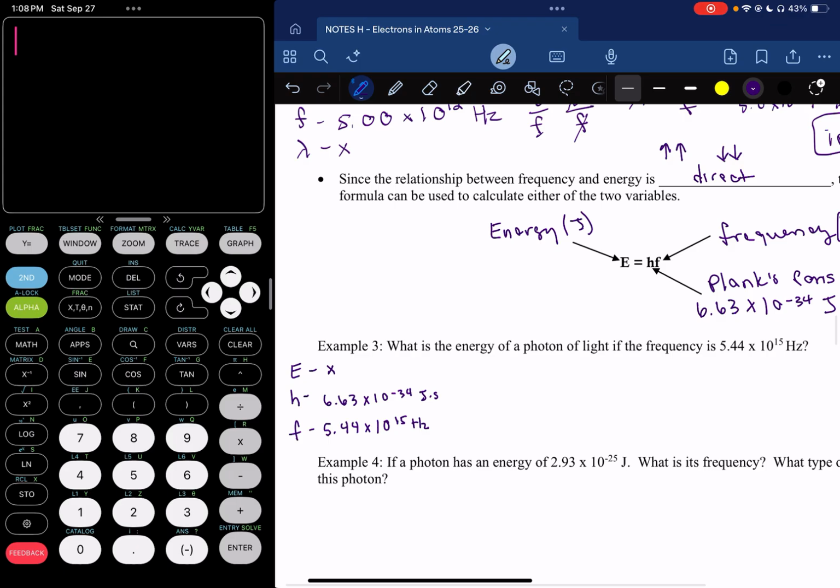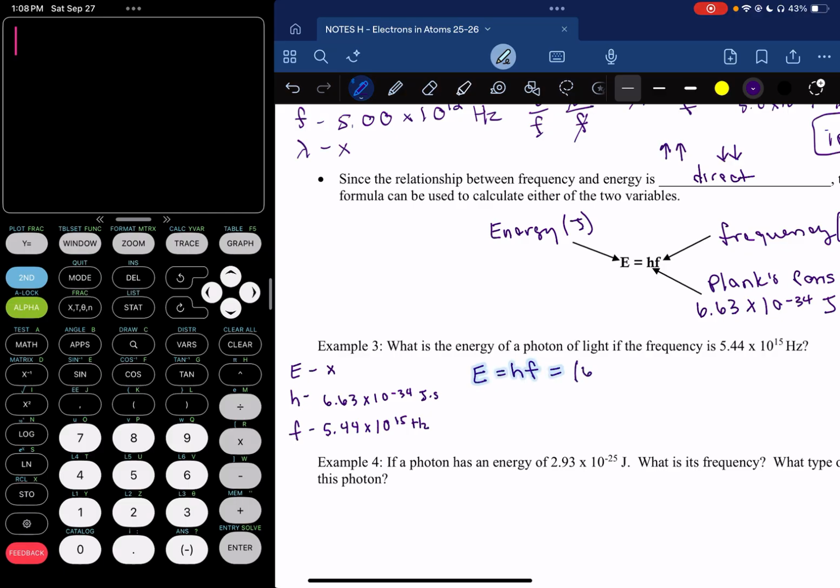According to this, energy equals Planck's constant times frequency. So if I'm going to solve for energy, my equation is already in the proper format. I don't need to rearrange it at all.